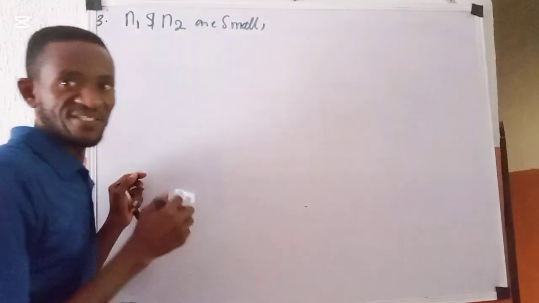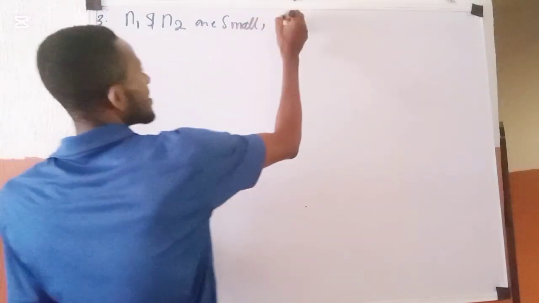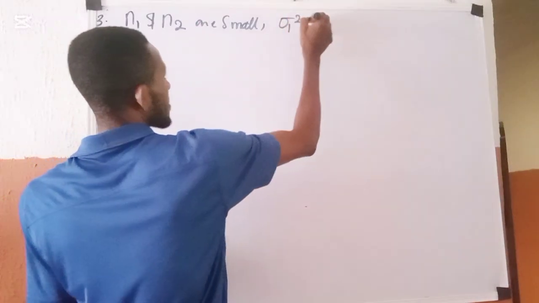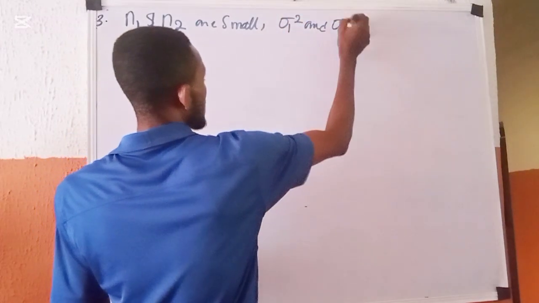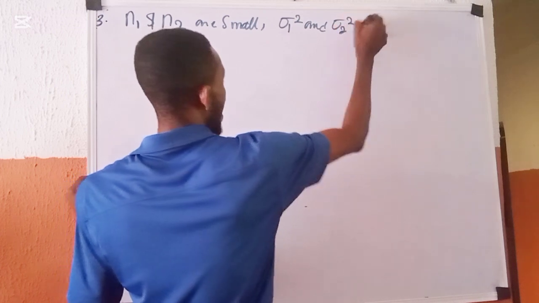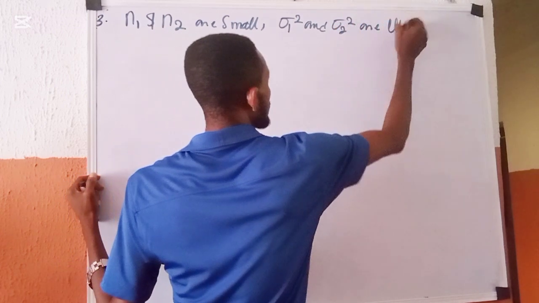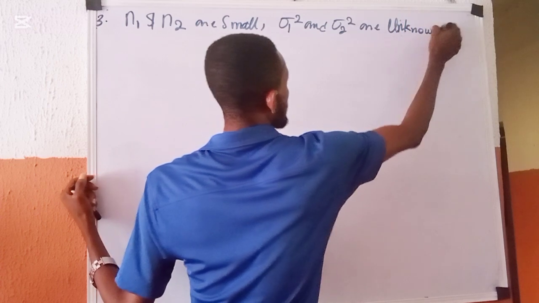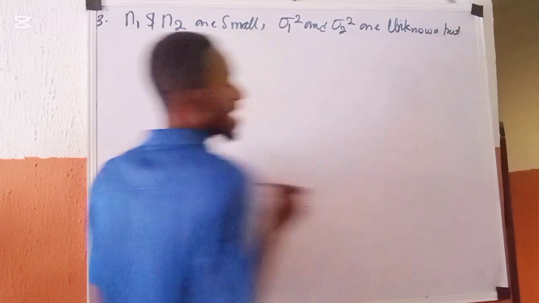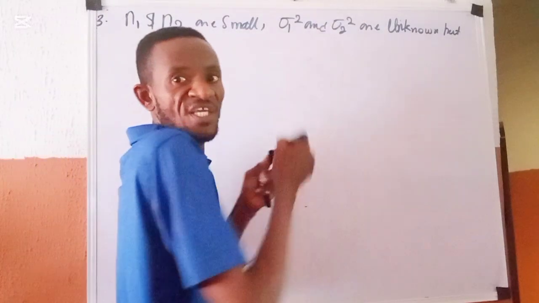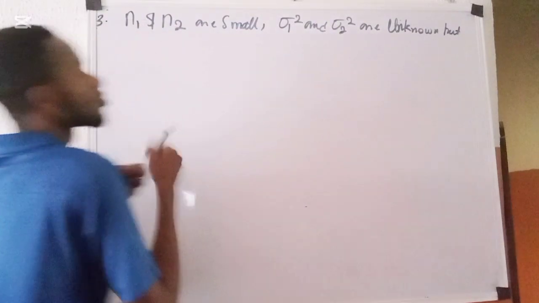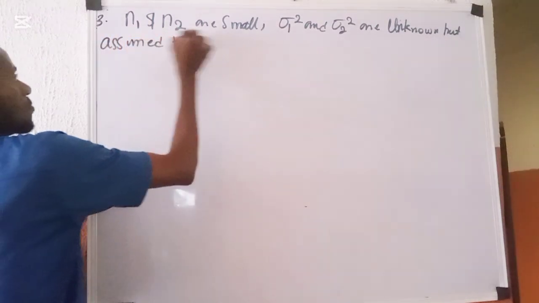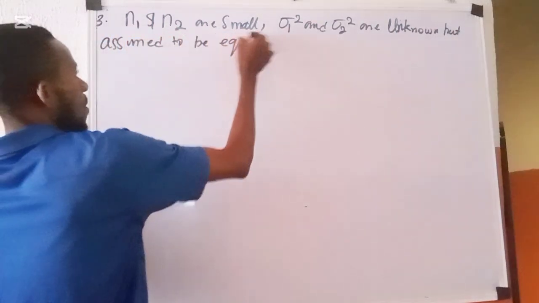We now say sigma 1 squared and sigma 2 squared are unknown, but assumed to be equal.